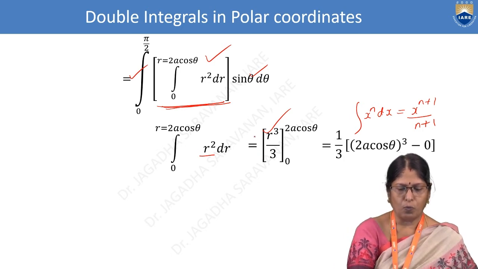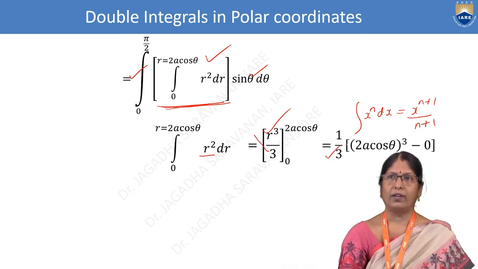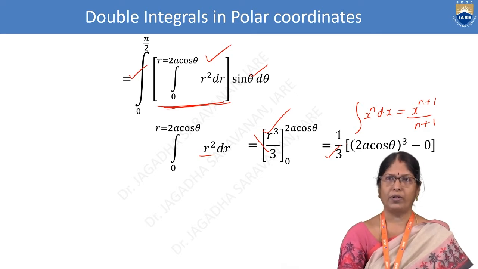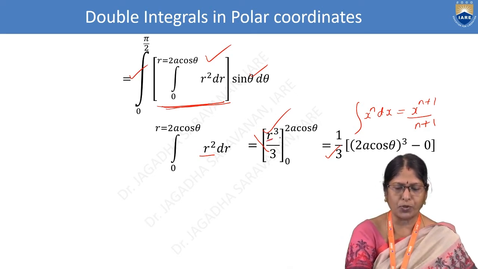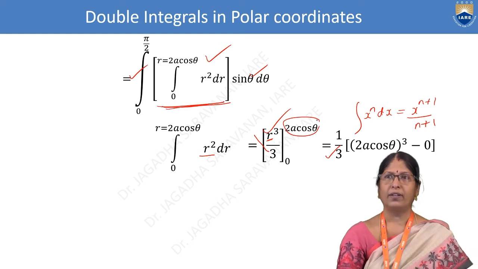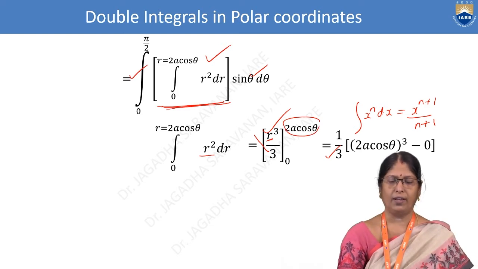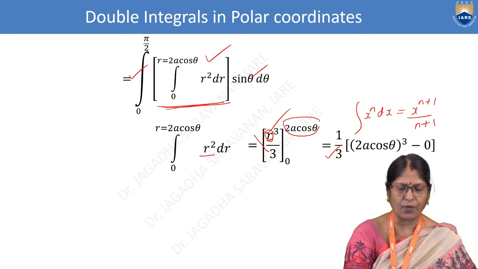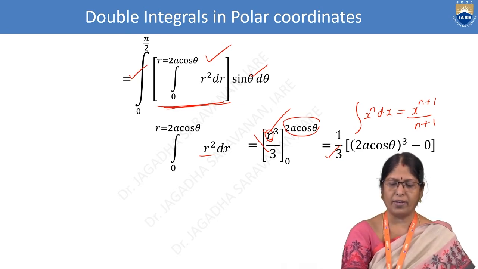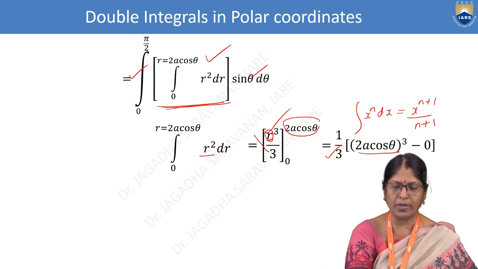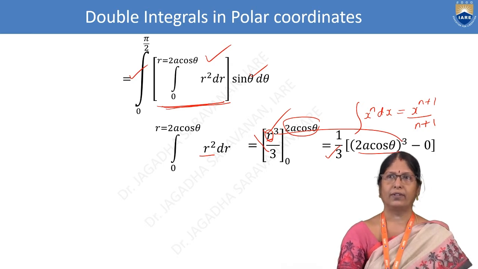Now 1 by 3 we have taken out. In place of r we are substituting the upper limit, that is 2a cos theta. Substituting 2a cos theta in place of r, the cube is coming as it is.